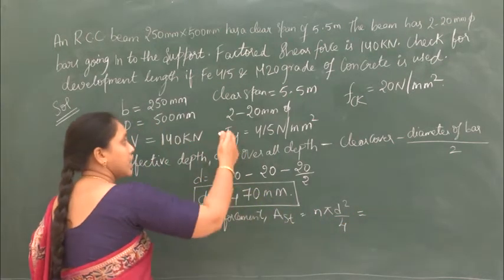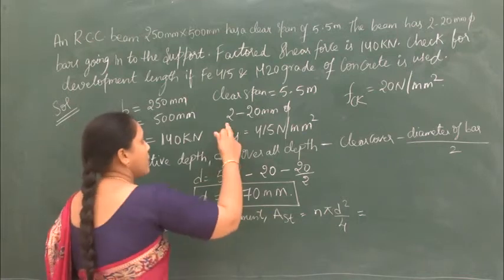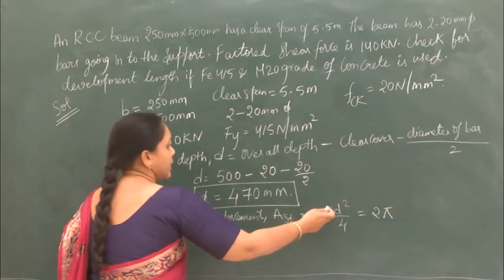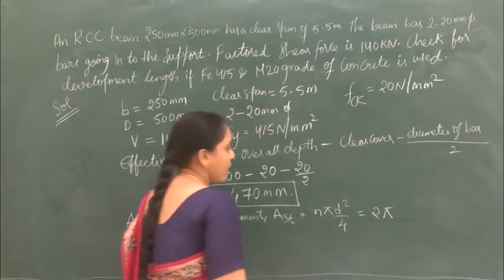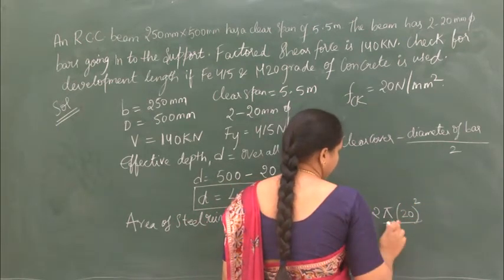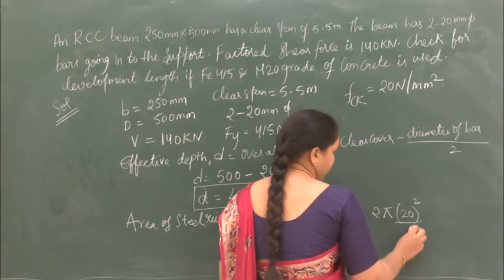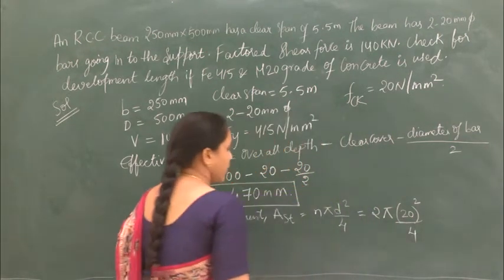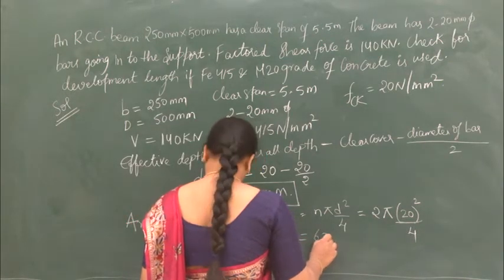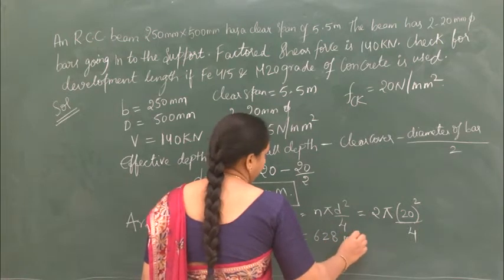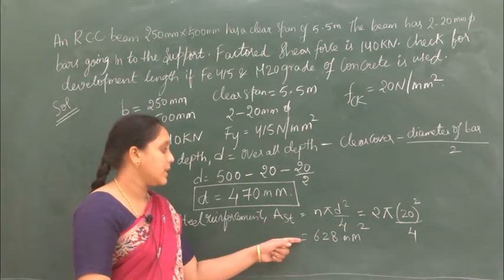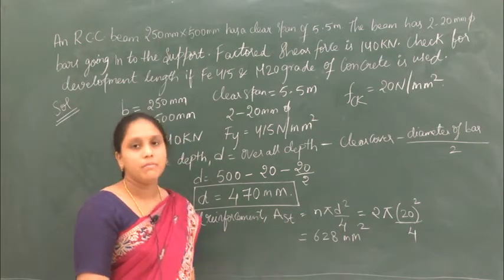Here n is the number of bars, which is 2, and d is the diameter of the bar, which is 20. So 2 into pi into 20 square divided by 4. If you solve this, you will get a value of 628 mm square. So Ast is 628 mm square.